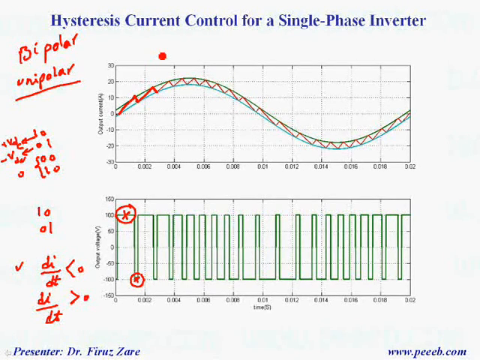So in unipolar modulation we need another band, another upper band and another lower band. Now we have more bands, and based on a state machine we can detect whether we need to increase or decrease the output voltage. So that's why in unipolar modulation we can definitely get better quality and less switching losses, but the control circuit is more complicated.